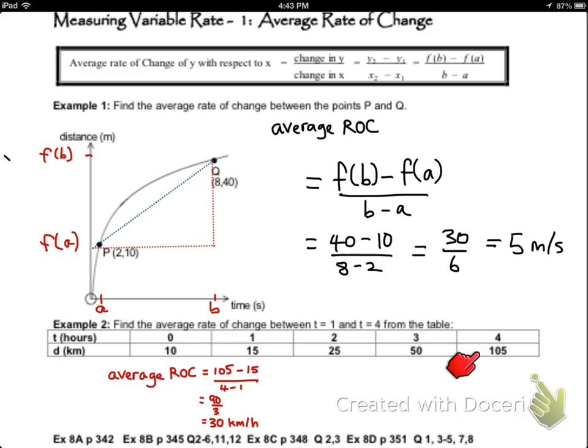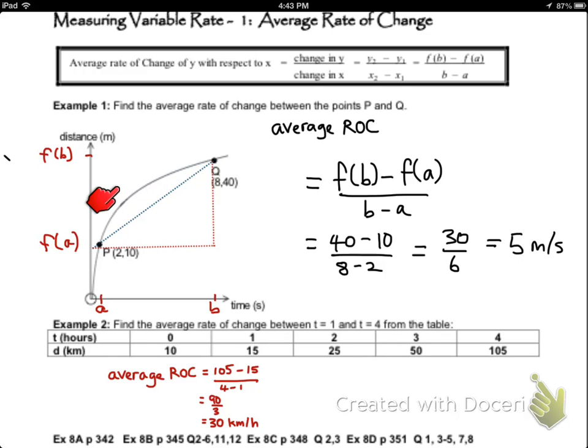So the distance 105 minus 15 will give us our rise, and 4 minus 1 will give us our run. So remember that the average rate of change is really just the gradient of a straight line formula. So we get 90 over 3, or 30 kilometers per hour, as our average rate of change as we move along this graph from P to Q.